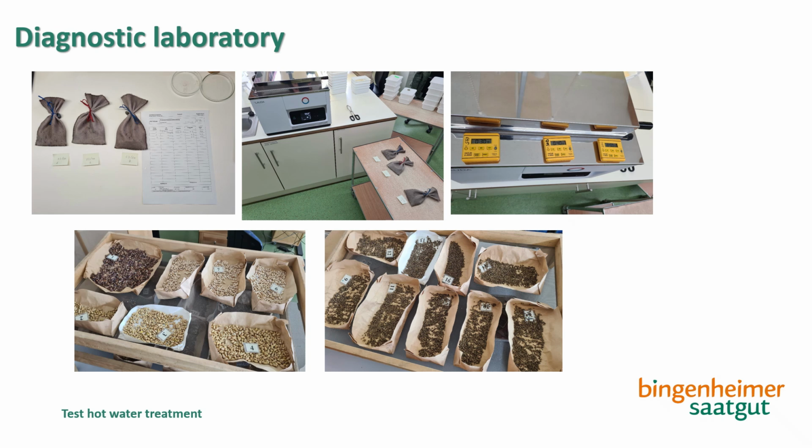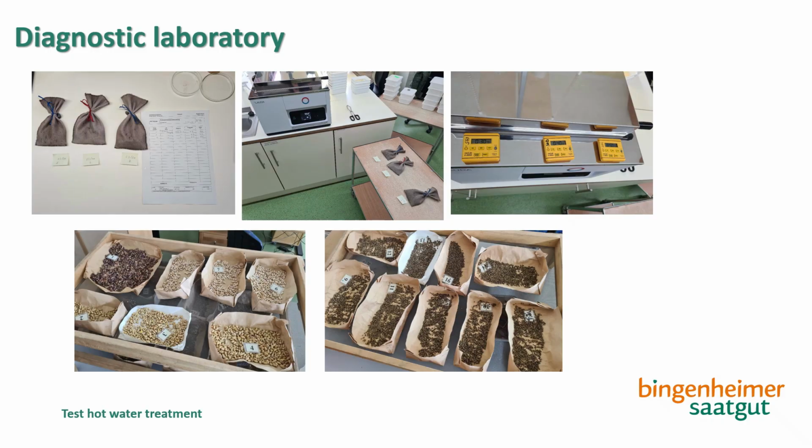After that, if the legal requirements are not met, the seed is treated with a test hot water treatment that is shown here on a small scale. You can see, from the labeling and packaging, the filling of the bags for the hot water treatment.